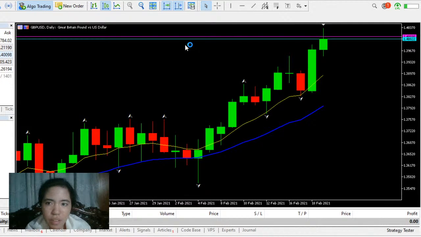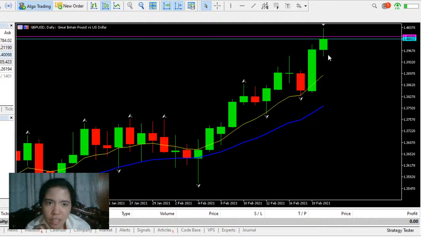But for me, if I'm gonna trade GBP/USD, I usually look for the bouncing of the bars on the EMA, not those who are already far from the EMA.